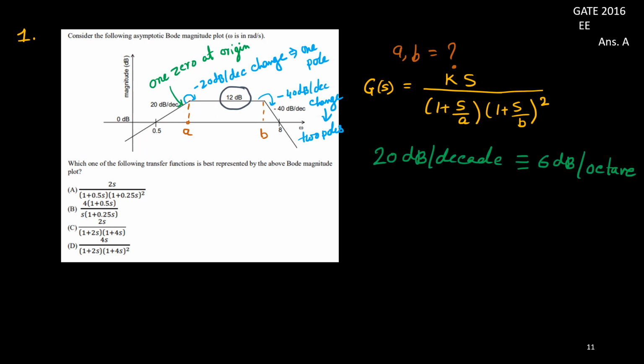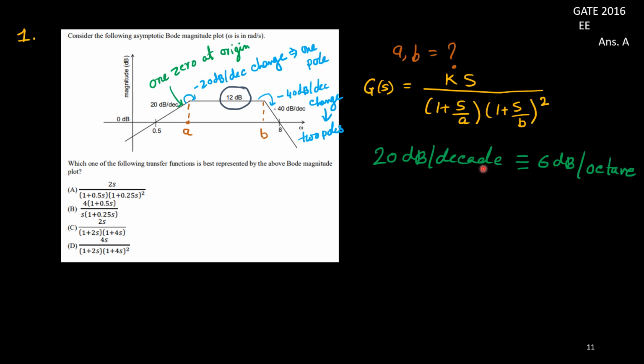Now here I should mention one thing, that if the slope is provided as 20 dB per decade, it is the same as 6 dB per octave. Okay, in control system Bode plot, sometimes instead of 20 dB per decade, the slope will be written as 6 dB per octave. Octave means double and decade means 10 times.